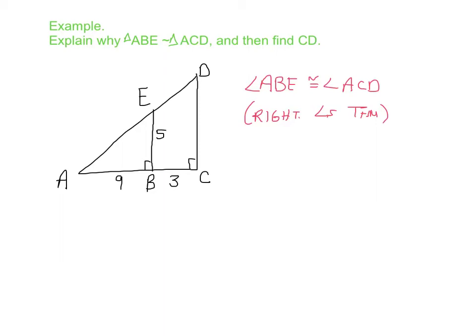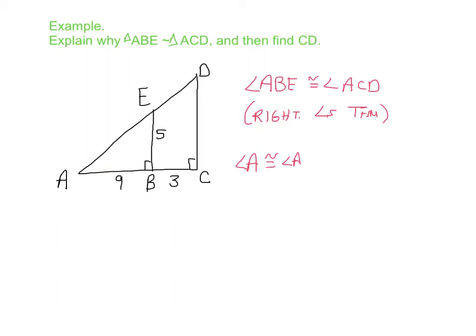Do we have another angle that's congruent? Well, we have our little triangle here, ABE, and we have ACD here. Looking at this, it appears we do have an angle that's congruent, and it's right here, angle A. We know that angle A is congruent to angle A. I'm saying angle A and angle A because it's in both of the triangles, the little triangle and the big triangle, but notice it's the same exact angle.